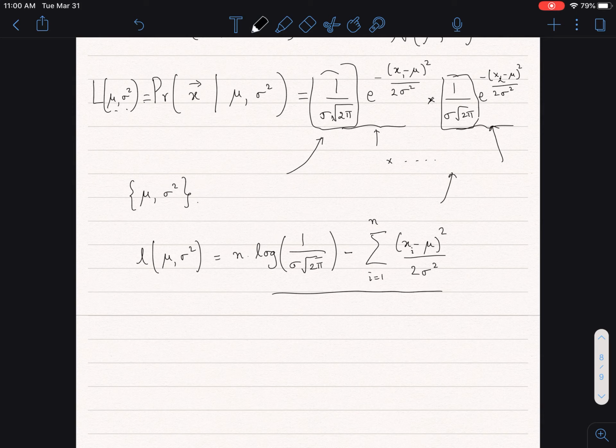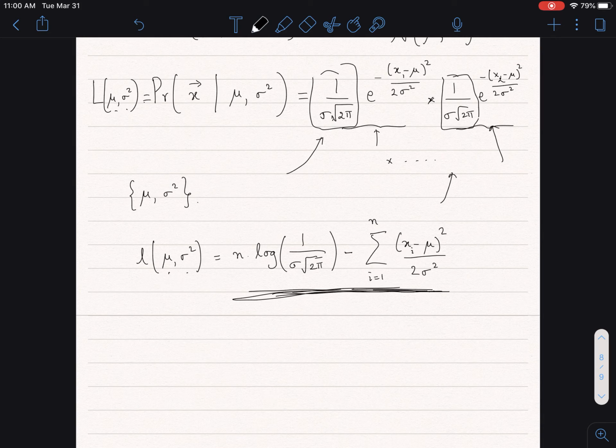Okay. So now suppose I am given these observations small xi. What I'm asking you to do is try to find mu and sigma square that actually maximize this entire expression. Right? This is maybe not as simple as an exercise, but it's still doable.